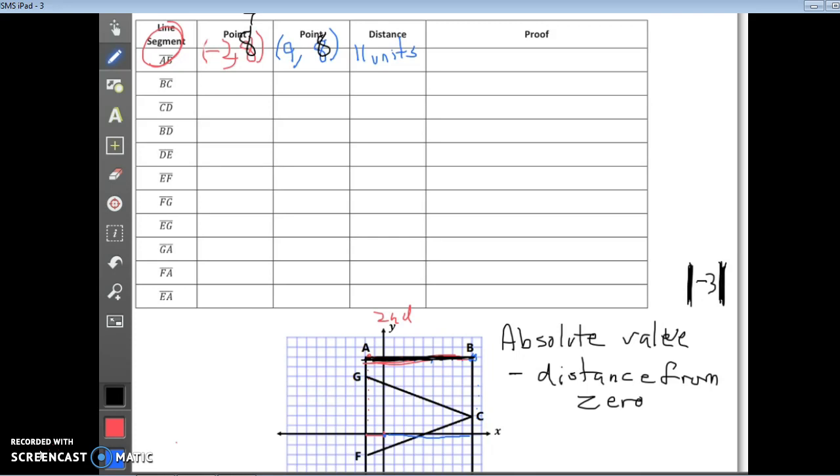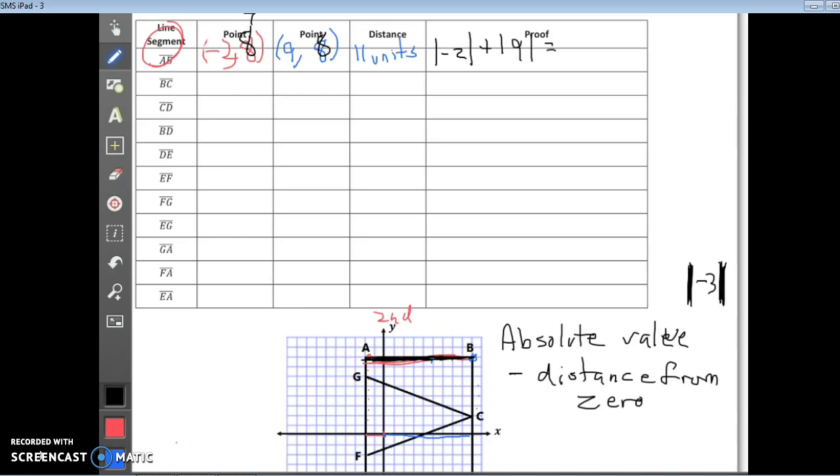So our first x value is negative 2. And what we're actually looking for is the absolute value of negative 2, because we're not actually going to be subtracting 2. We want to know how far negative 2 is away from 0. I'm going to show you on the graph in just a second. And then we have to add that, because it's on one side, to the absolute value of 9.